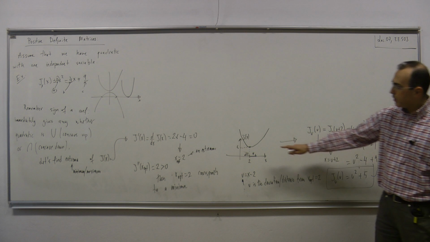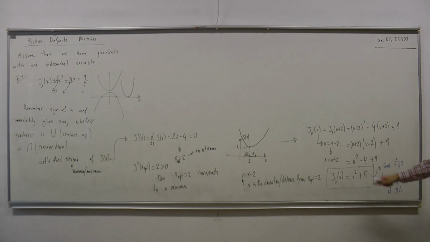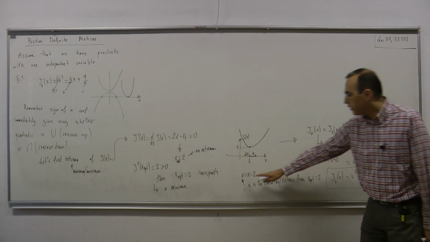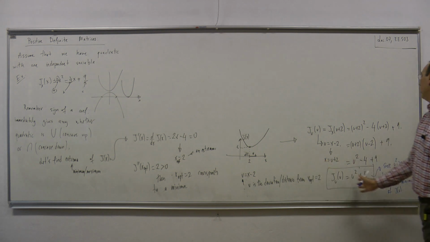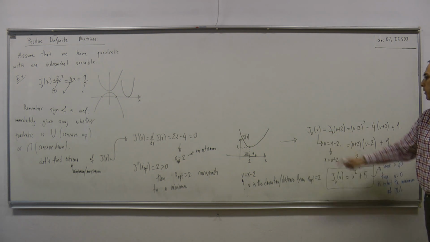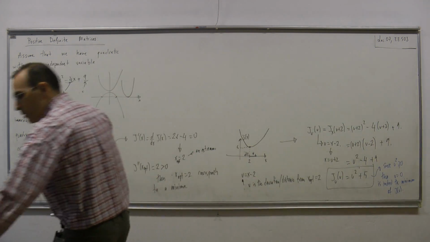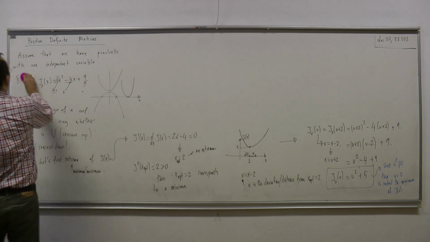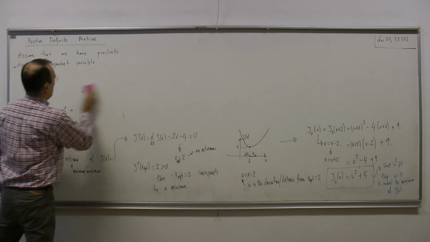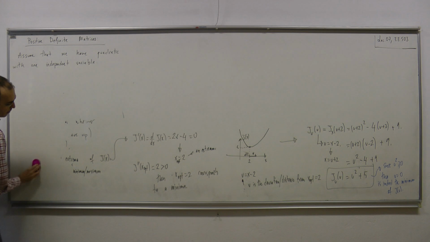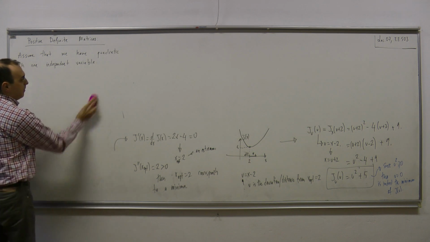We don't know anything about that, but this is the way you check this, okay? So you define a deviation factor u, then you express this function in terms of the deviation factor, and you analyze that function. Okay, that is it. This is, again, almost like high school kind of mathematics, isn't it?